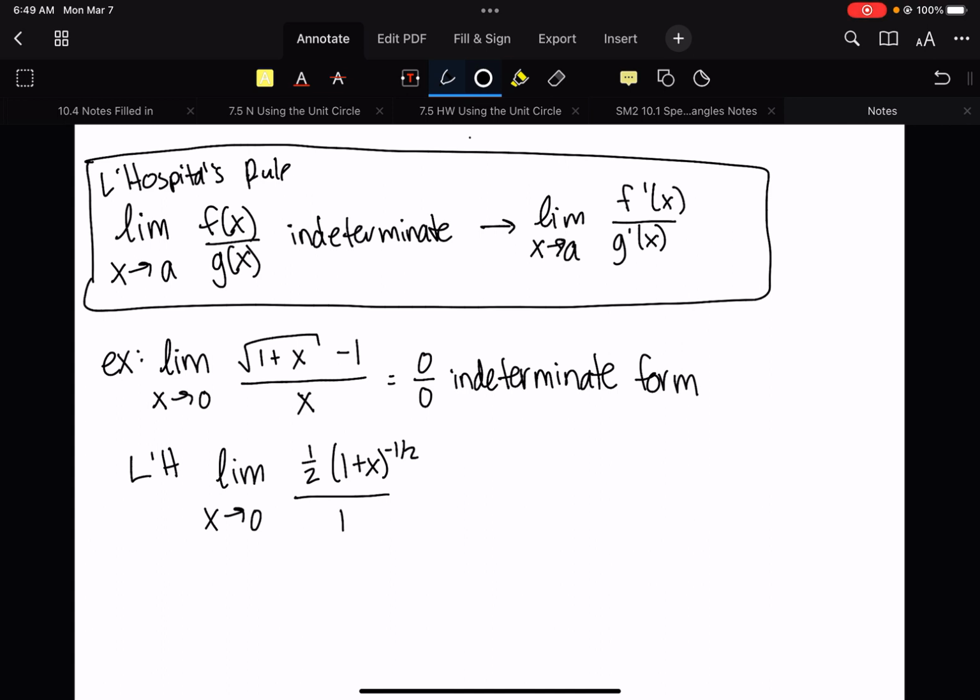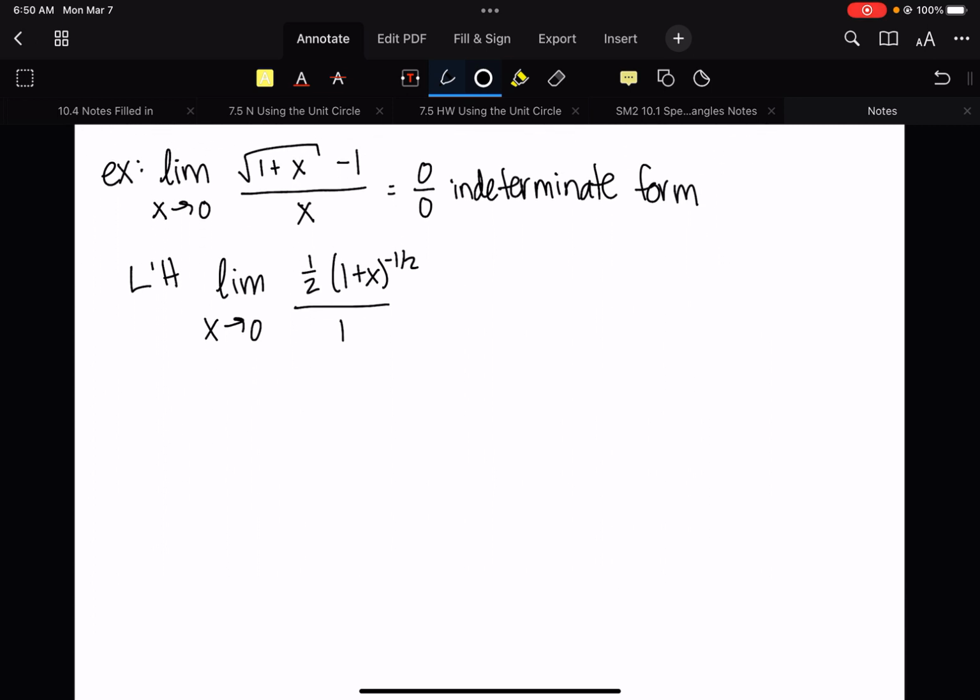One thing to recognize here: this is the only time that you will take the derivative of the top function and the derivative of the bottom function and not do the quotient rule. So we are not taking the derivative of the entire fraction. We are taking the derivative of the top and then separately the derivative of the bottom. Okay, I'm going to go ahead and simplify this.